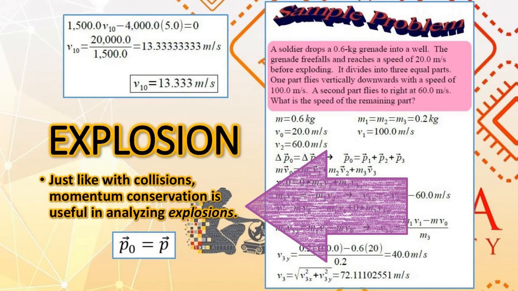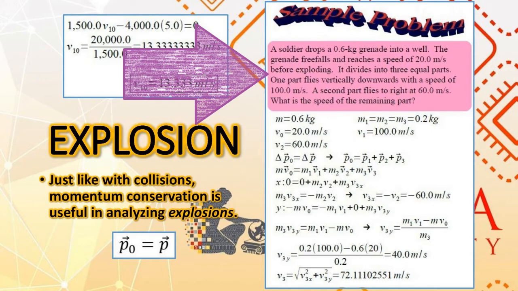Whereas in conservation of momentum, you just look at the momentum of the pieces and the object before and after the collision. Initial momentum is equal to final momentum.